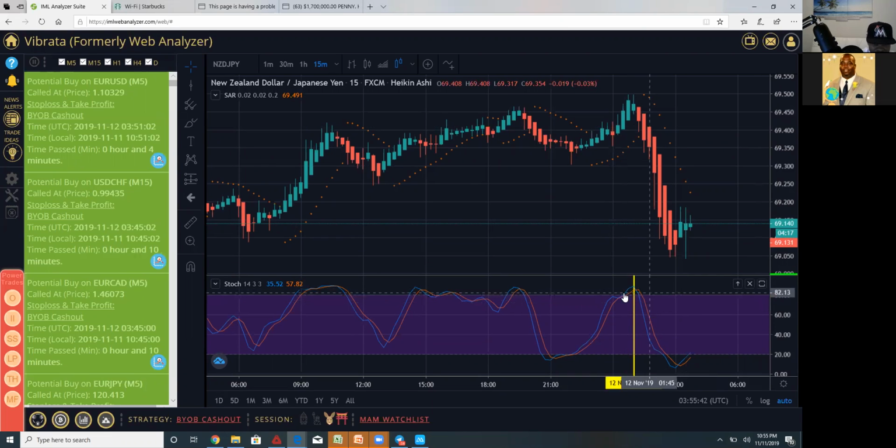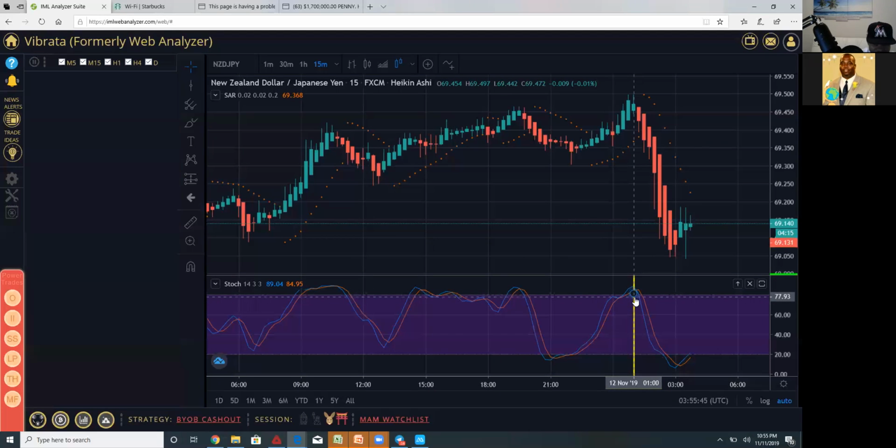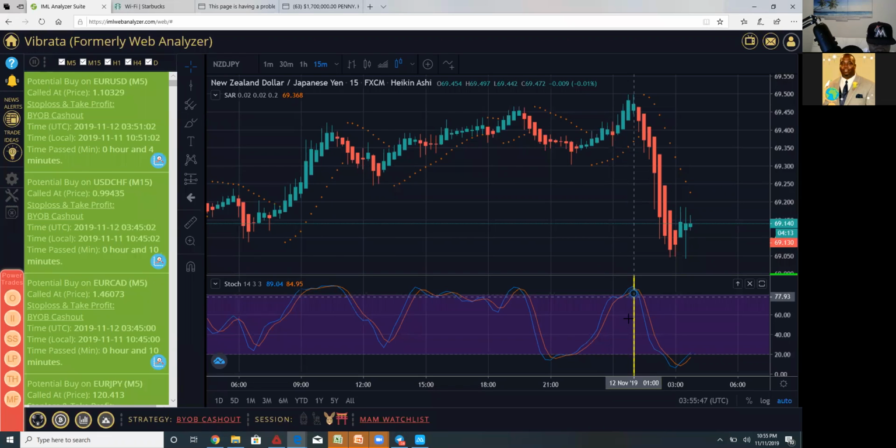As long as it's somewhere around the 80, you should be looking, and it's pointing down. That means the blue line crossed but it's pointing downward about right here, so you want to look for a sell setup. Your first confirmation is you see that it's around the 80 and it is pointing down.